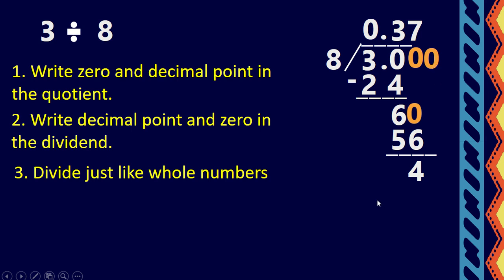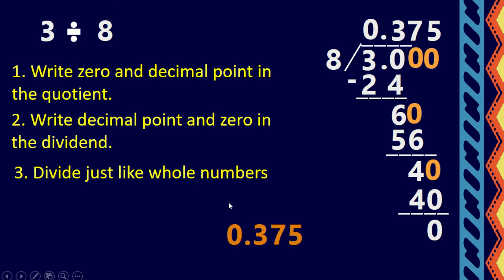So bring it down. 40 divided by 8, we have 5. 5 times 8, we have 40. 40 minus 40, we have 0. Since you've got 0 as the difference, it means you're done with your division. So the answer is 0.375, or 375 thousandths.